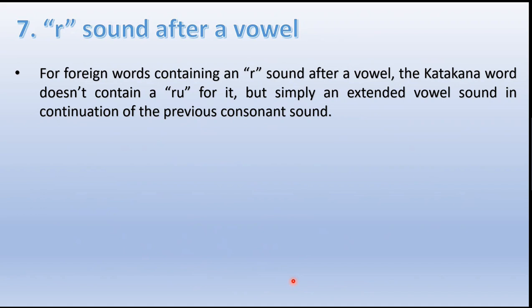As we know, there needs to be a vowel after each consonant in Japanese. But in case the foreign word contains an R sound after a vowel, then the corresponding katakana word will not have a ru; instead, it will simply be an extended vowel sound in continuation of the previous consonant sound.